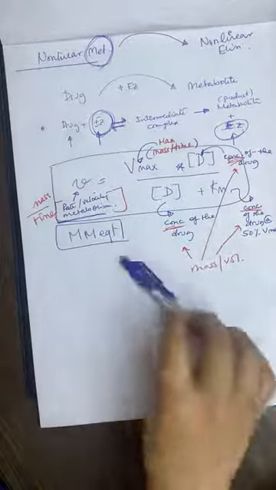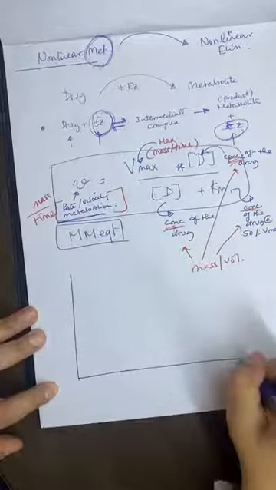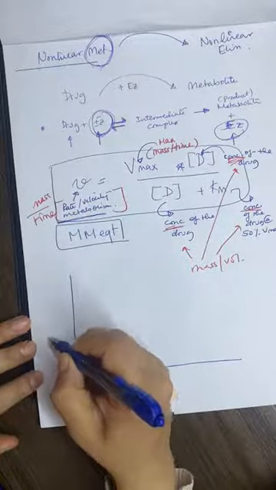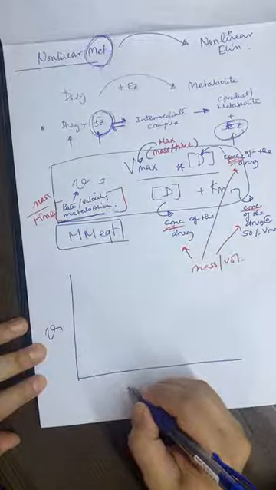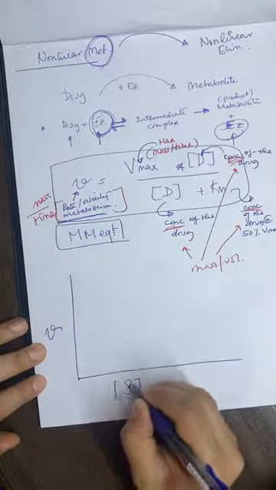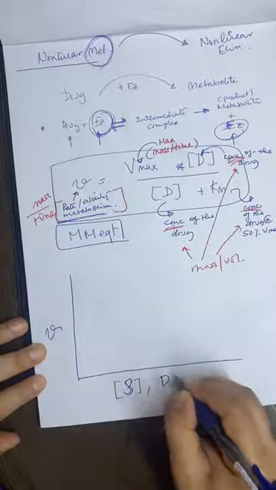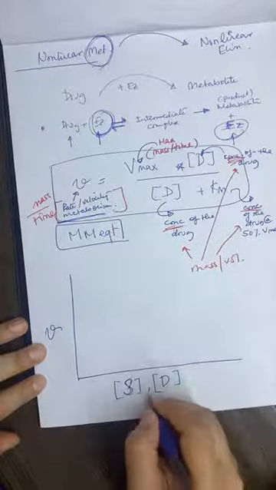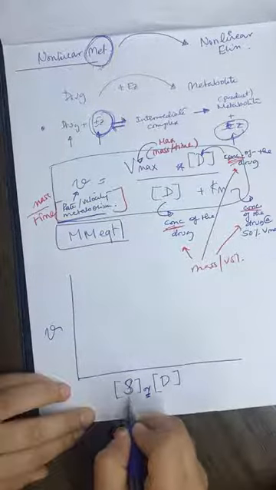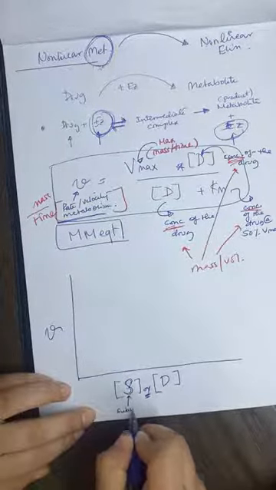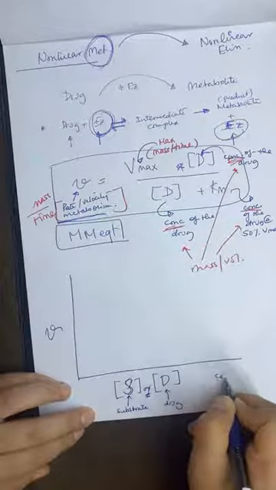Okay, so these are the parameters that you have in your nonlinear equation, in which we have the profile of your model, with the rate or velocity, V, versus the concentration of either the substrate or the drug. There are different ways of writing it as symbols, either substrate or drug or just concentration.